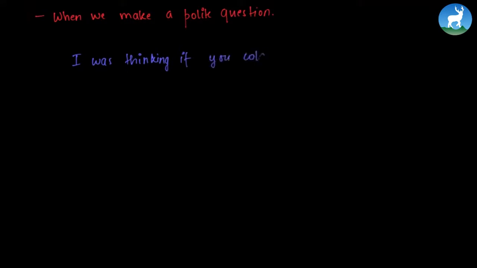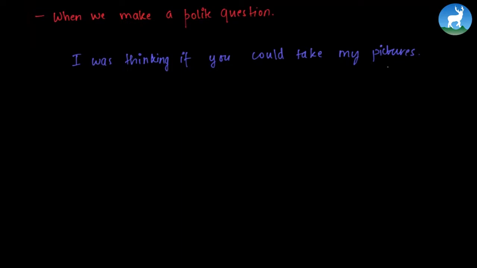Past continuous tense is also used when we make a polite question. For example, I was thinking if you could take my pictures. You are making a very polite question.